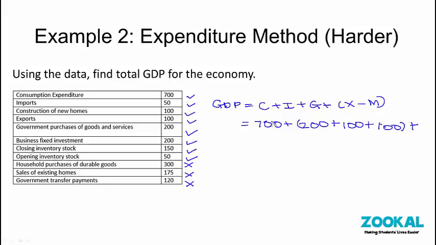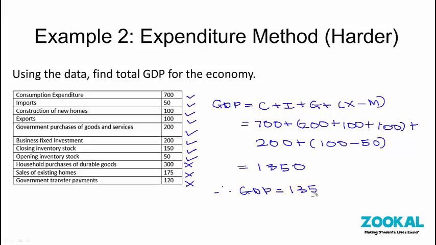Then we have to add government expenditure, so that's easy, that's just 200. And then we have to add on our net exports, so that would be exports minus imports, which is 100 minus 50. So if you add all those up, you should get 1350. So therefore, GDP equals 1350.